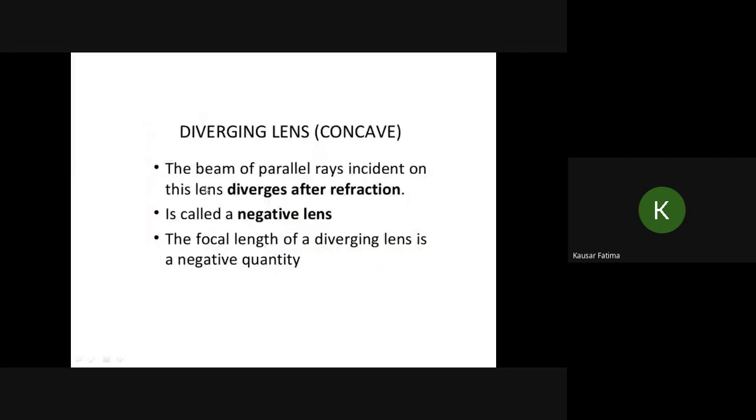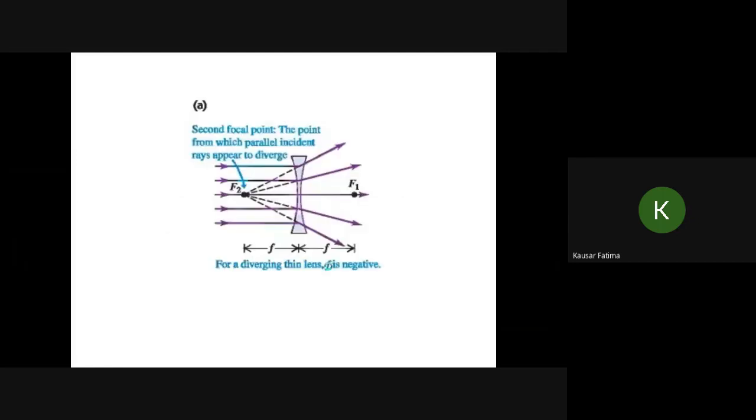For a diverging lens or concave lens, the beam of parallel rays incident on the lens diverges after refraction. This converging and diverging of the rays is due to refraction. This is a negative lens because its principal foci are not real. The rays actually do not pass through the focal point. In the diagram, these are the parallel rays, and instead of converging towards f1, they are diverging.